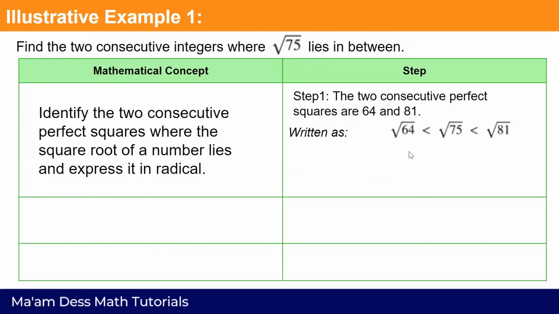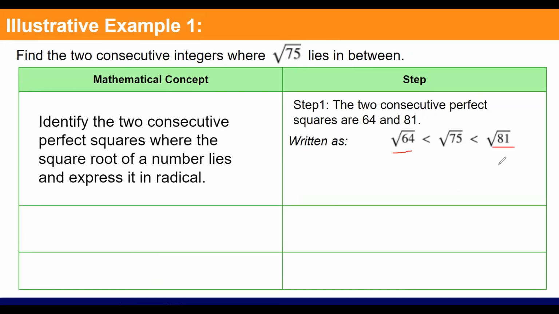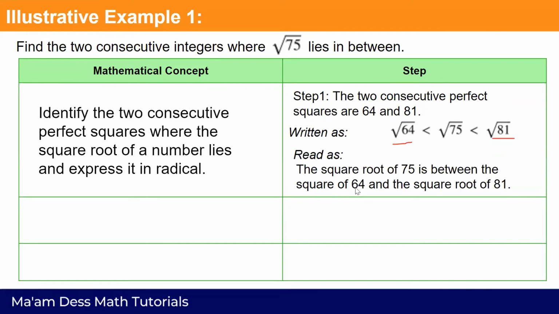So, gawin po siyang radical expression. Okay, so square root of 75 is in between the square root of 64 at saka po square root ni 81. So, anong gagawin pagkatapos? The square root of 75 is between the square root of 64 and the square root of 81.